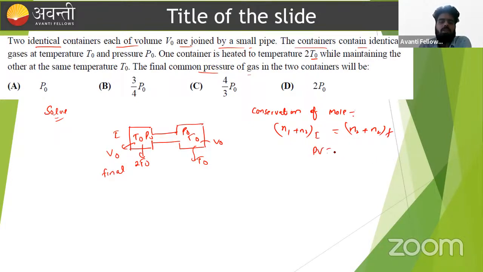By using PV equals nRT, can we find out the number of moles? Yes, n equals PV upon RT. Can we put the values here? Yes, P naught V naught divided by RT naught.